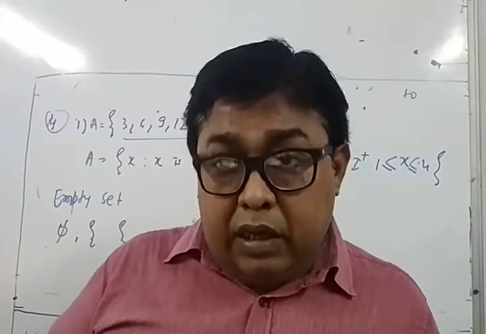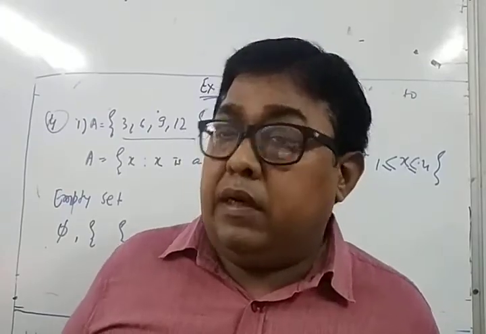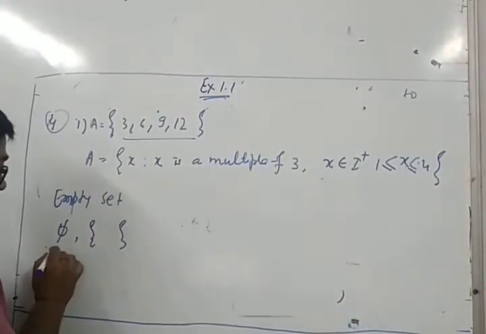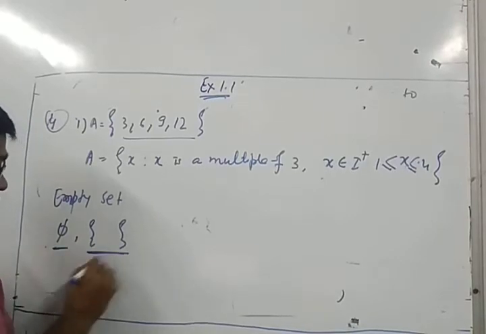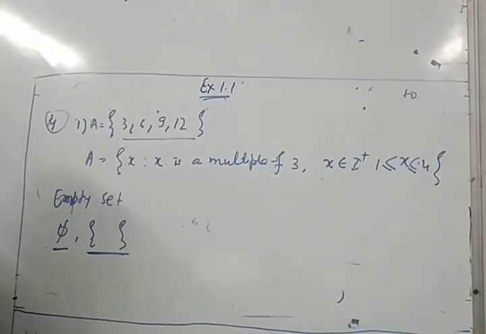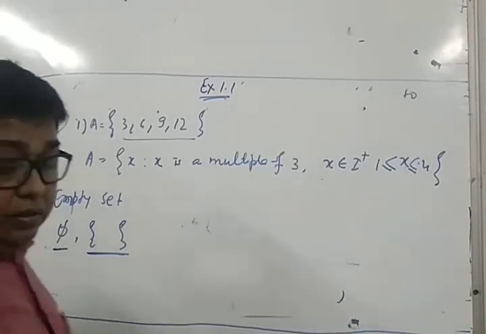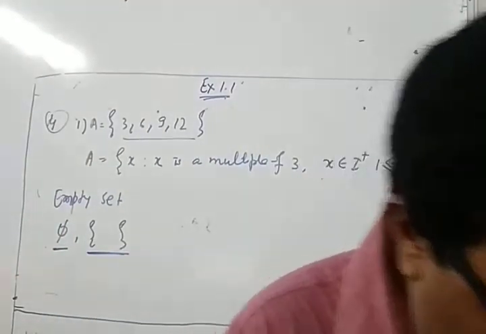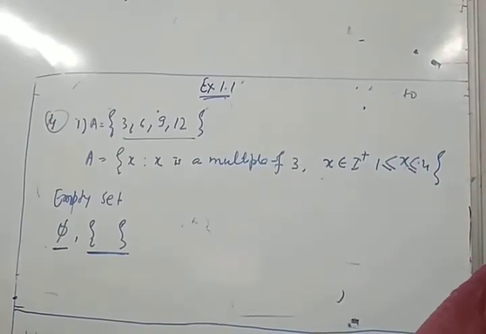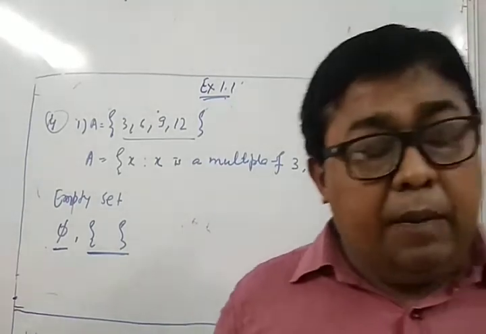How many elements will this set contain? No elements. So an empty set means a null set. You can represent the empty set by phi or like this. A set which does not contain any element is called an empty set.